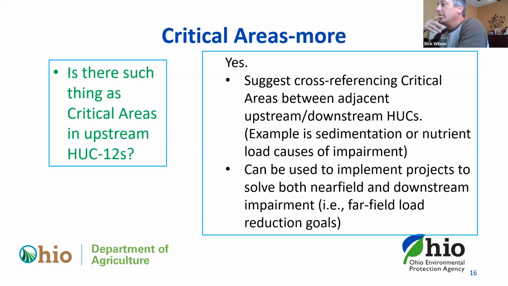For instance, sediment and erosion issues in an upstream HUC could be contributing to sediment or habitat issues in the downstream HUC that you're working in. So if you make that tie-in, then you're opening up eligibility for practices between HUCs, and you get a little more latitude, I think, to create projects.